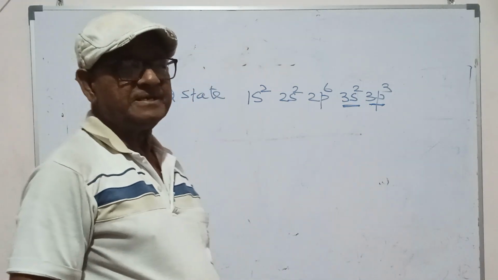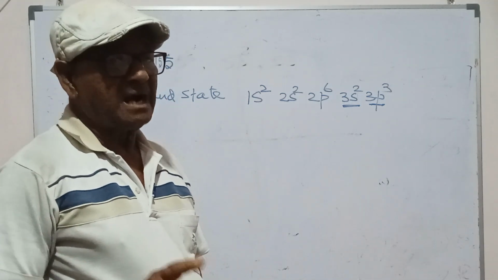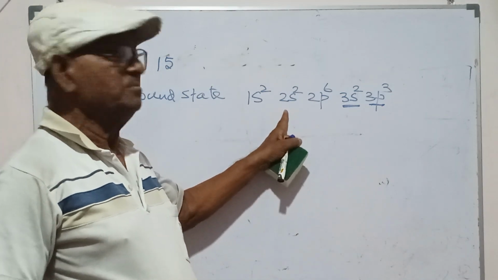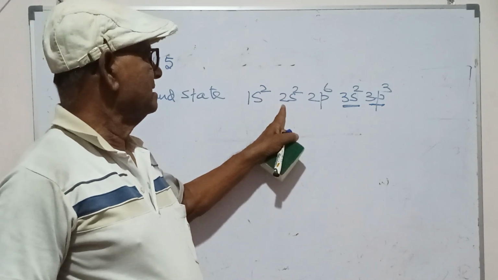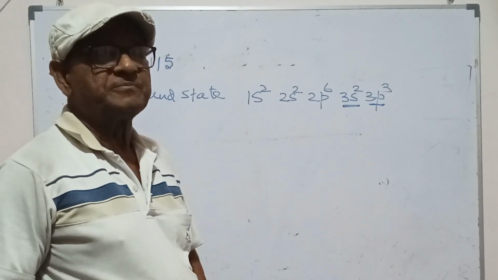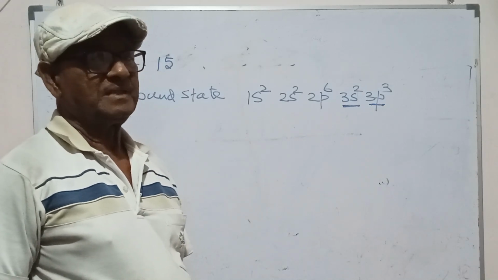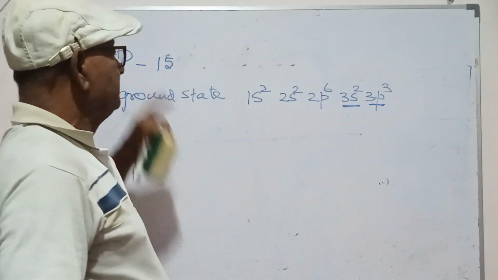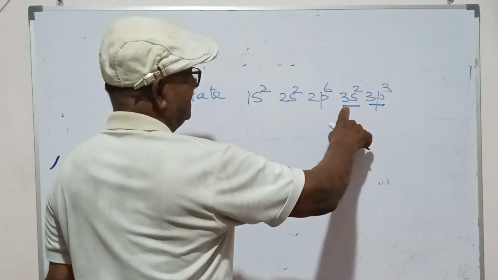Then you know that, not like carbon really. Carbon has the outermost energy level as the second energy level. The second energy level has two types of sub-energy levels, S and P only. But in this case, phosphorus has the outermost energy level as the third.